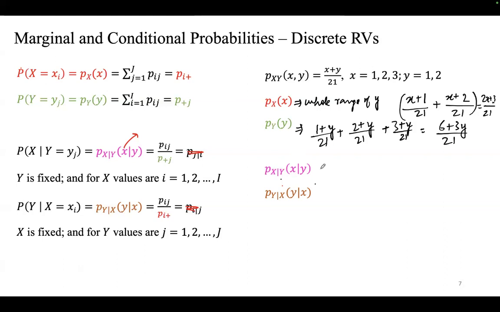So it's step 1, 2, 3. The given y is equal to y indicates that you have summed up over all values of x. You're not interested in values of x, and then you are looking at particular value of x.